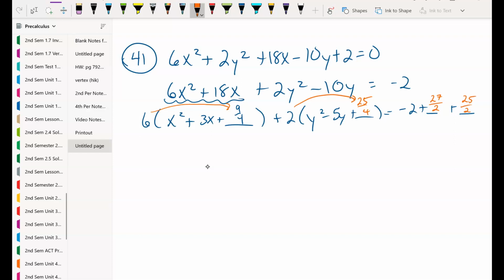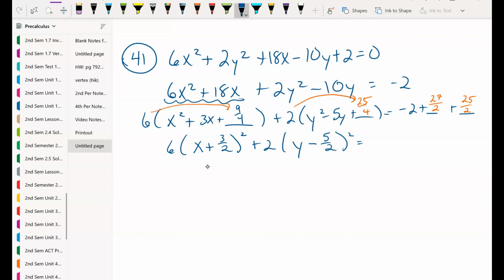Okay, so on this side, my friends, we're going to get 6 times the quantity (x plus 3 over 2) squared. How did I get the 3 over 2? Because that's what I divide the 3 by. It's positive. Plus 2 times the quantity (y minus 5 over 2) squared is equal to, all right, what do we get here? I see 27 plus 25.